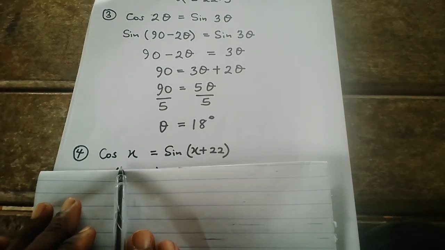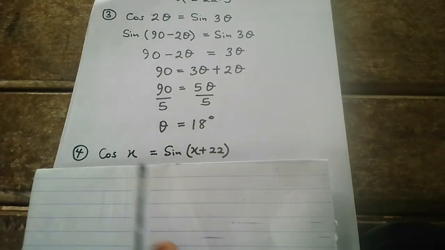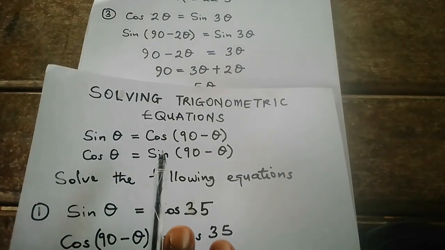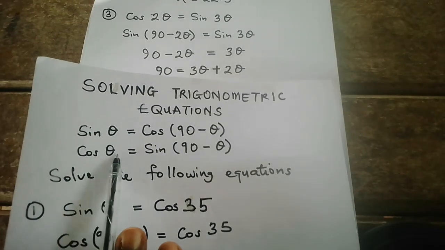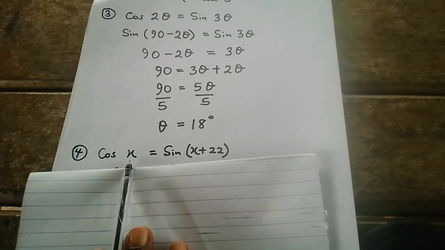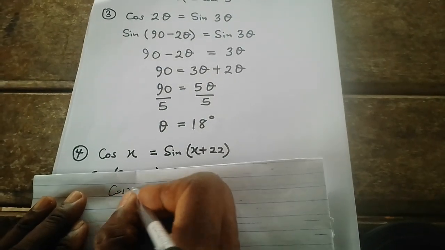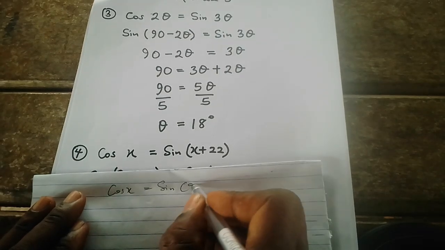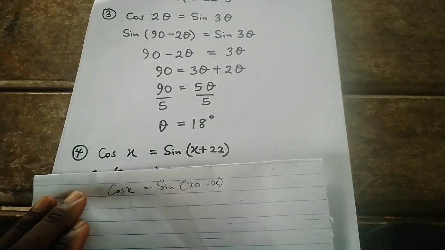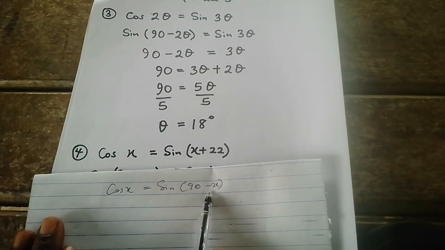To make it easier, let's make both of them sine. So in place of cos x, I'm going to put sine 90 minus x, using the identity for cos x. In place of cos x, I'll put sine 90 minus x.